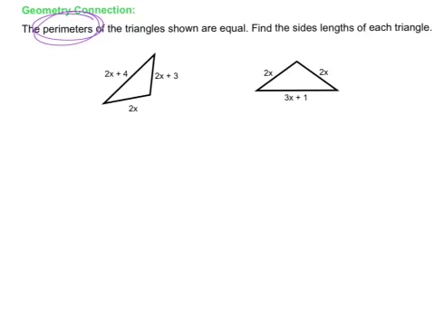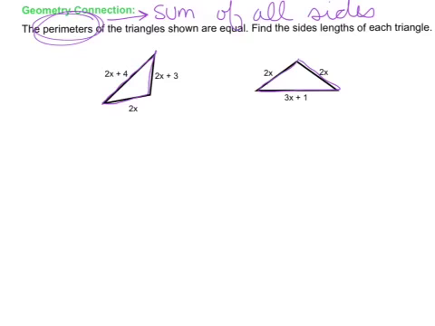And perimeter, if you forgot, is the sum of all sides. So what you do is you add up the lengths of each edge of your shape. I know a lot of us have forgotten that, so that's a nice refresher.